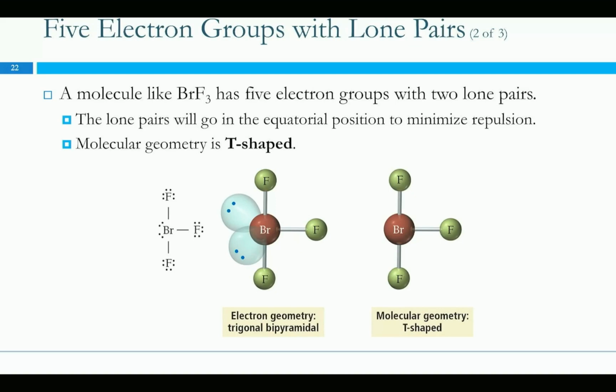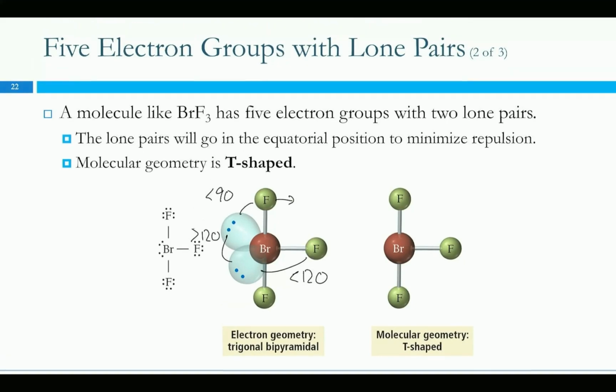Sorry, say again? I think it would still be 120. Oh no, it'd be a little less than 120, because this would want to be more than 120. These ones would probably be a little bit less than 90, because this fluorine could move closer to this fluorine.